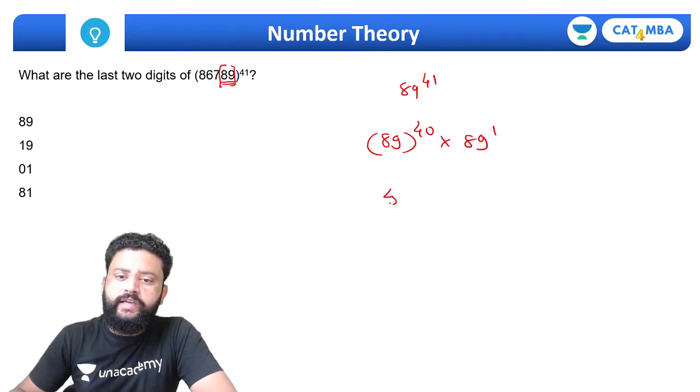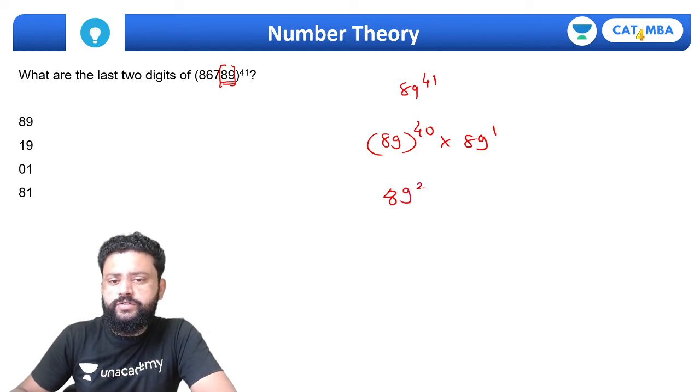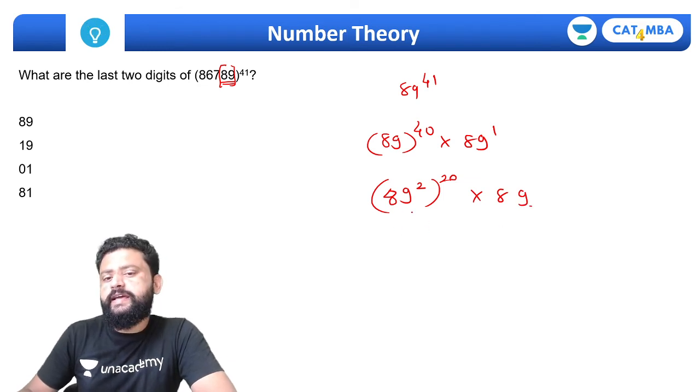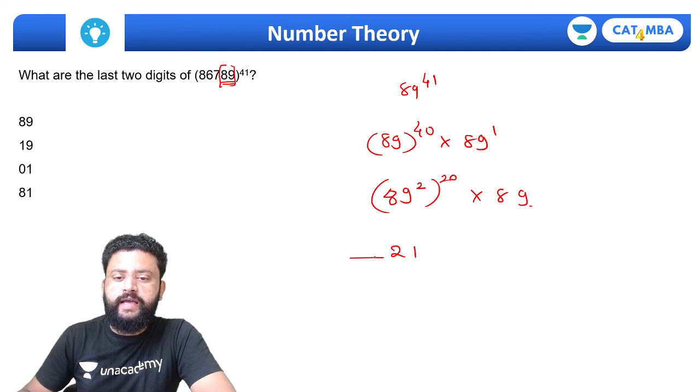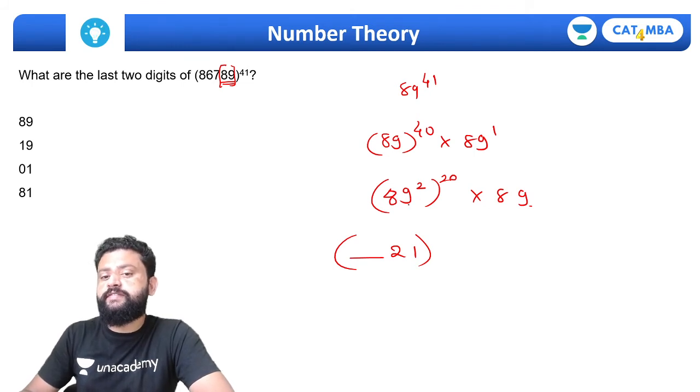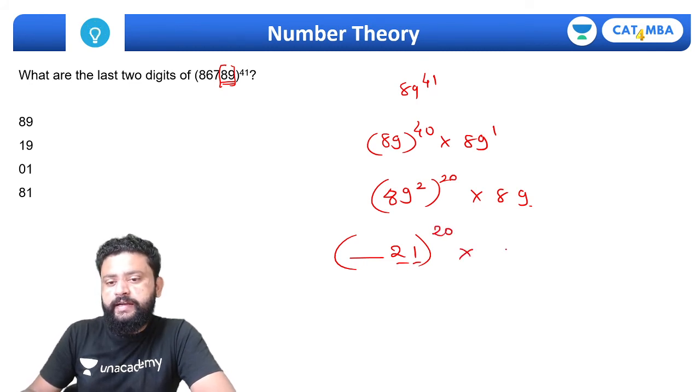Now 89 we can write as 89 square to the power 20 into 89. After that, 89 square will end with 21. If you do the calculation, you can use the base 50 method, or you can also use the base 100 method, where the difference from 100 is 11. 11 square is 121, so 89 square will also end with 21. Okay, to the power 20 and into 89.